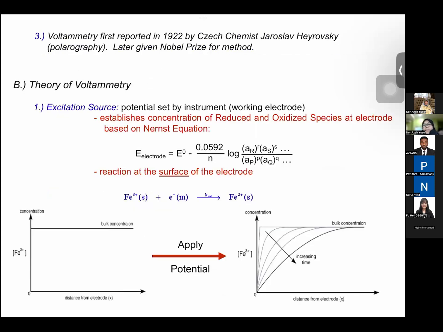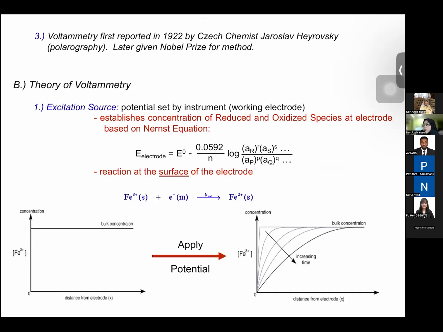Now, a bit on theory. As I mentioned just now, it is not important for you to memorize all these, but at least you need to understand before we can move on to understand electrochemical based biosensors or chemical sensors. If we don't understand the basics a bit, then it's difficult for discussion purposes.